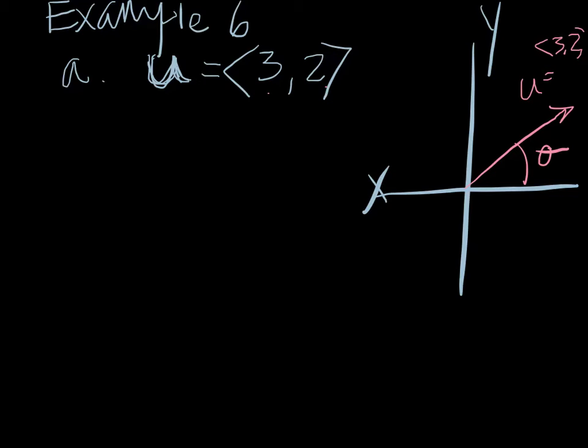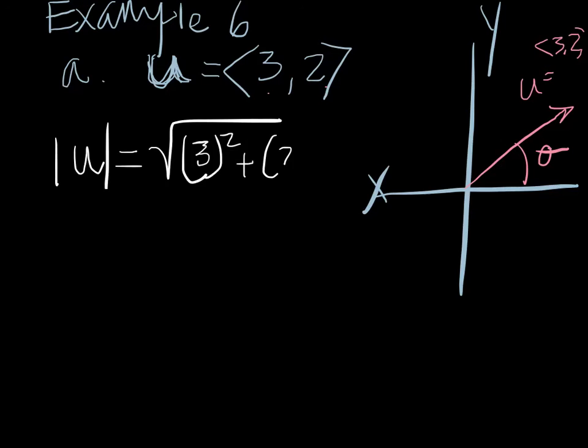Alright, the first thing I'm going to do is the magnitude, because I think that's probably the easiest thing to find. You're going to be very well versed in finding magnitudes of vectors. It's in component form, so I don't need to use the distance formula, because they don't give me the starting point and the ending point.